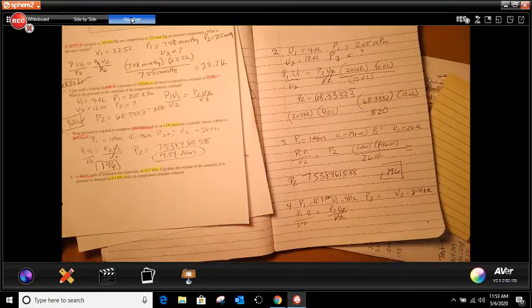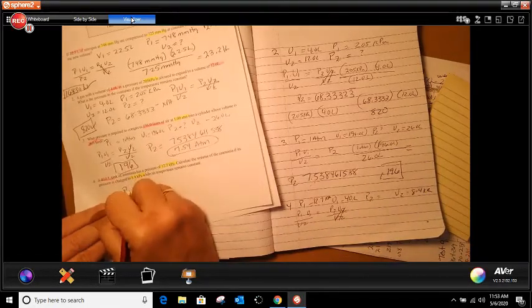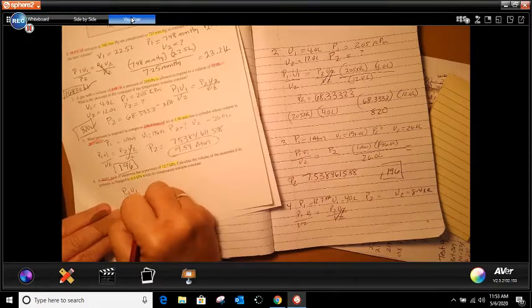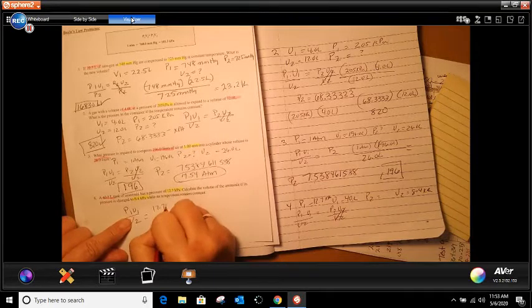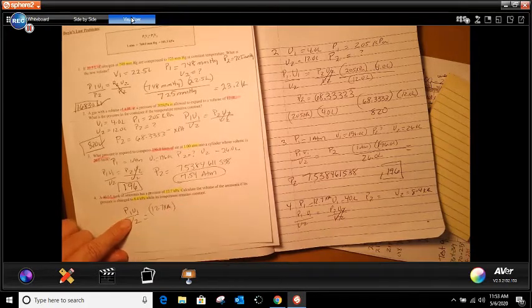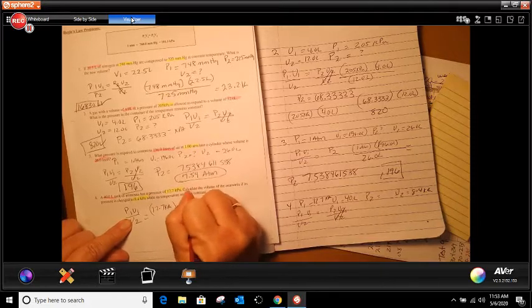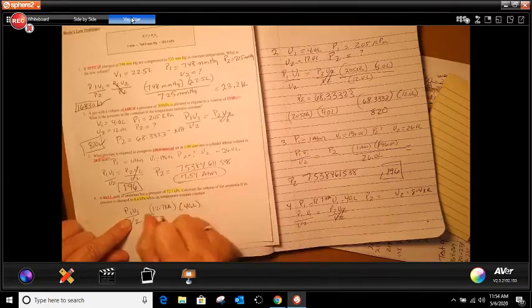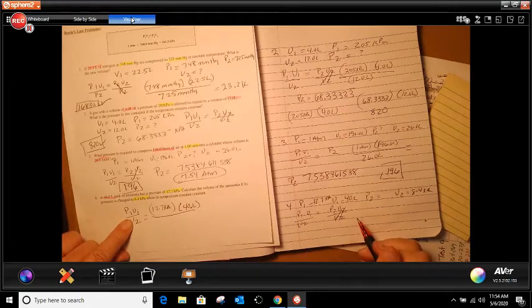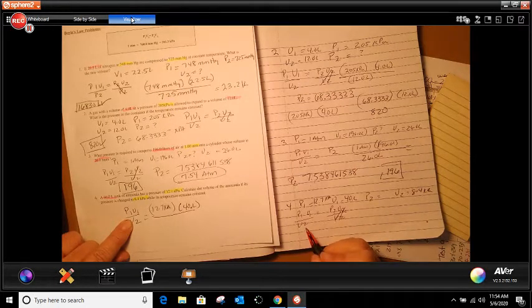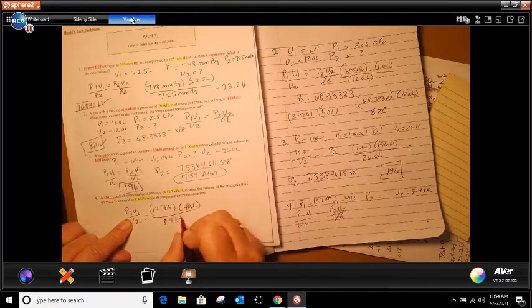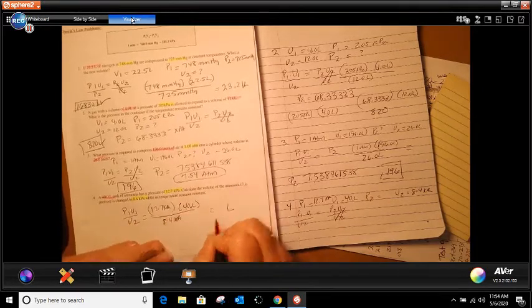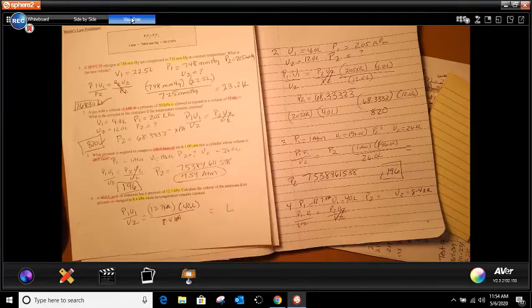So my new equation now is P1 V1 over V2. Plug my numbers in. My P1 is 12.7 kilopascal, my V1 is 40 liters, and I'm going to divide that by my V2, which is 8.4 kilopascal. Okay? So when I get done, I should have liters, right? Kilopascal divided by each other.